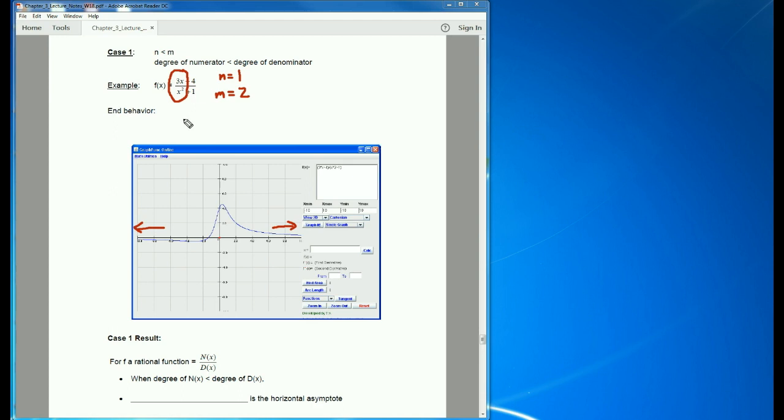Okay, so in other words, the end behavior is f of x approaches 0 as x approaches plus or minus infinity.